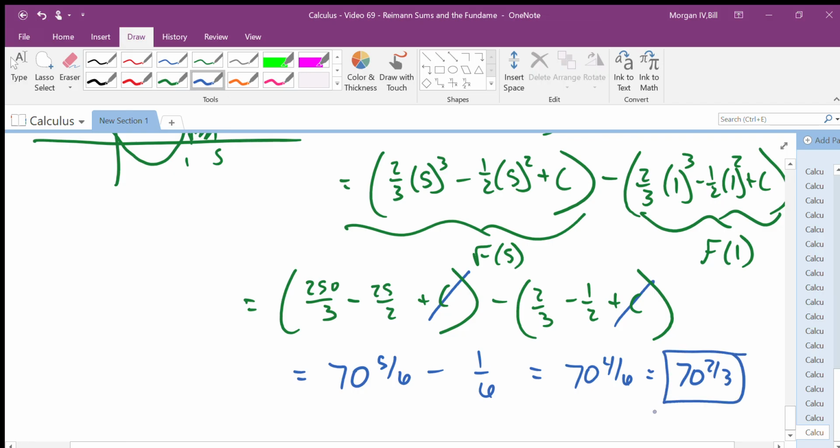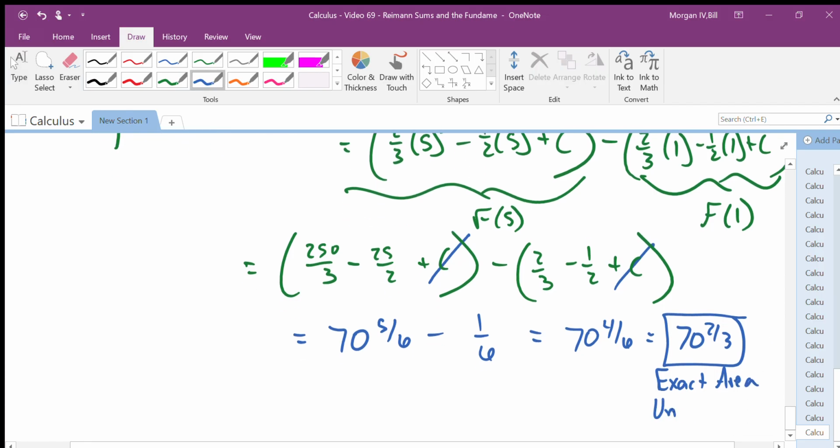And that is the exact area under the curve. And we get that from the fundamental theorem of calculus.